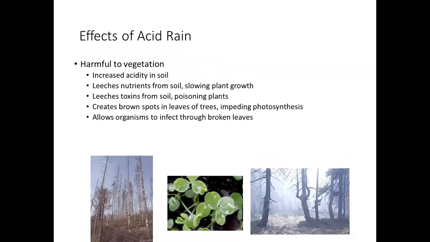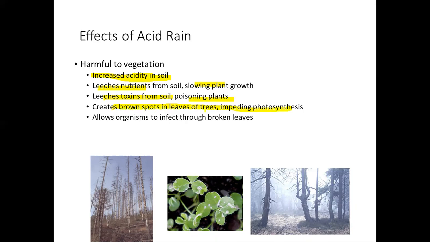Then acid deposition is harmful to vegetation. When acid is deposited in wet or dry form, it increases the acidity in the soil. Because of that, nutrients are leached, and it slows down plant growth. It also leaches some toxic material from the soil and poisons the plants, creates brown spots on the leaves of trees, and impedes photosynthesis.